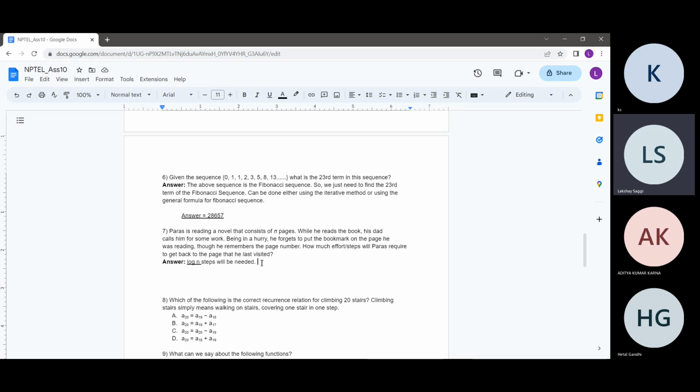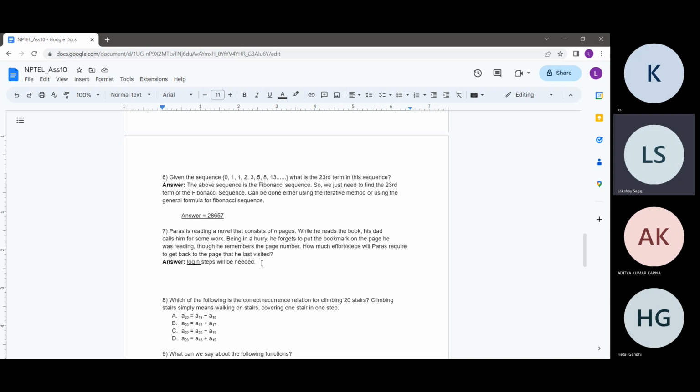You just take approximately the middle of the book and open that page. If you see that page number is greater than the page number you actually require, then you take the remaining portion of the book and again open its middle, and see whether that is what you require or if the page number you require is greater than that. You can proceed like this.